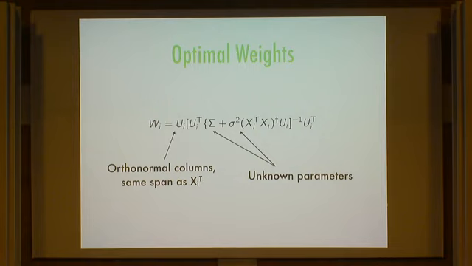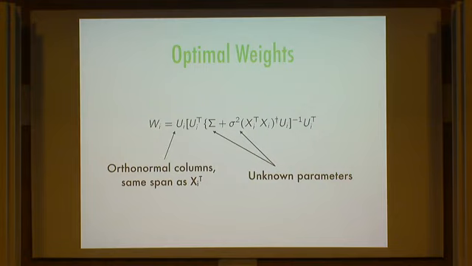Okay, so how do I choose these weight matrices? The optimal weights, the ones that minimize the variance of the estimators, depend on the unknown population covariance matrix sigma and the noise variance sigma squared. If I knew these two things, I could compute this wi, which would minimize the variance of mu hat.